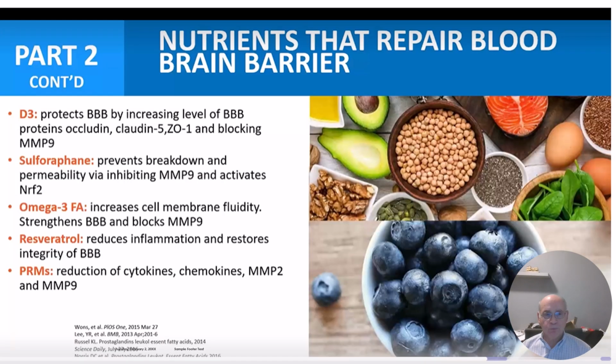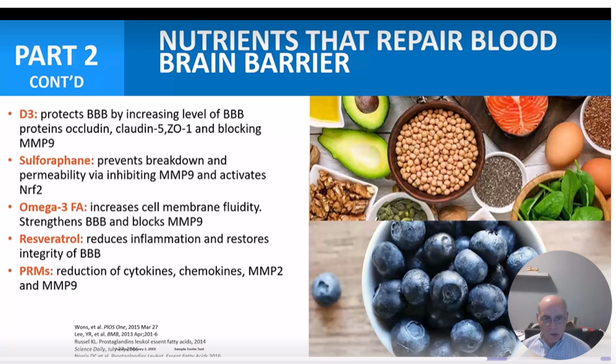Vitamin D3, which I think is crucial, and everybody should be taking vitamin D3. As I said, sulforaphane, it blocks the breakdown of permeability by inhibiting these enzymes. Omega-3 fatty acids, because omega-3s are very important for cell membrane function. Resveratrol reduces inflammation and restores the integrity of the blood-brain barrier.